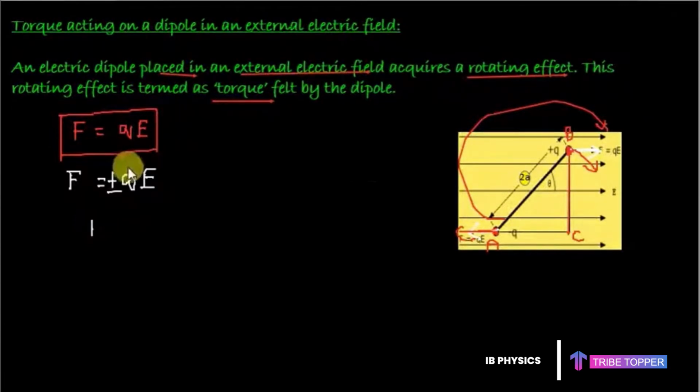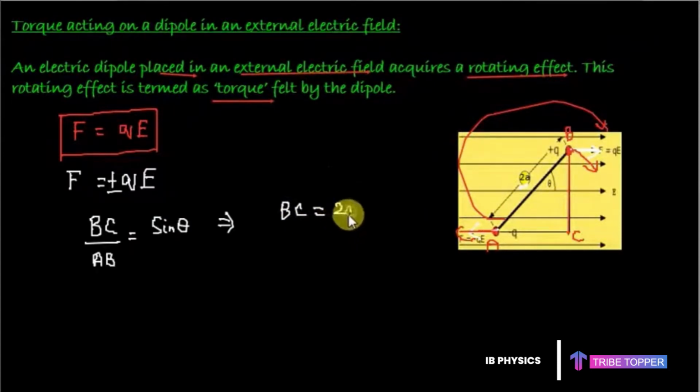It's a right angle triangle, so first we can write that BC upon AB is sine theta. So BC is equal to AB sine theta, and AB is the length of the dipole, which is 2A here. So 2A sine theta, that's BC.